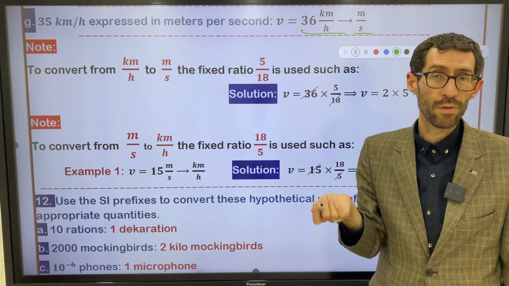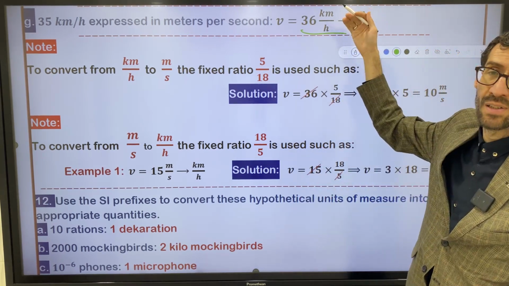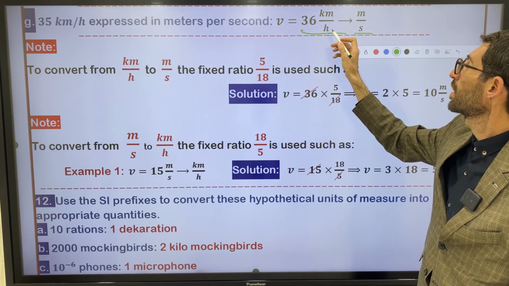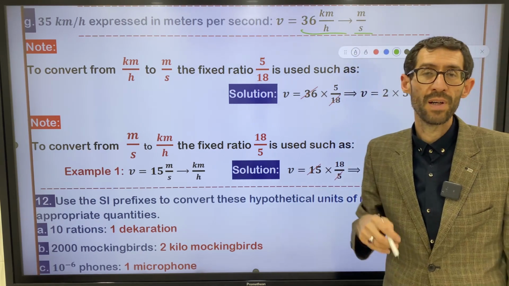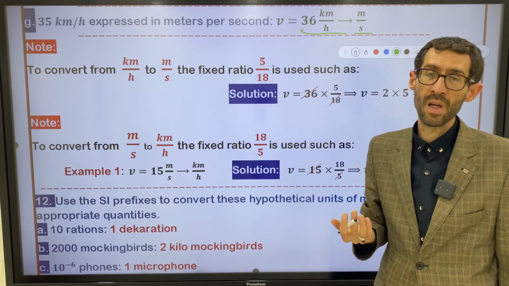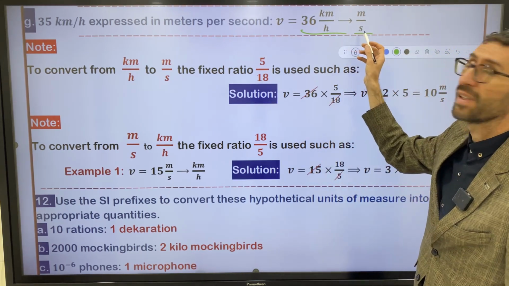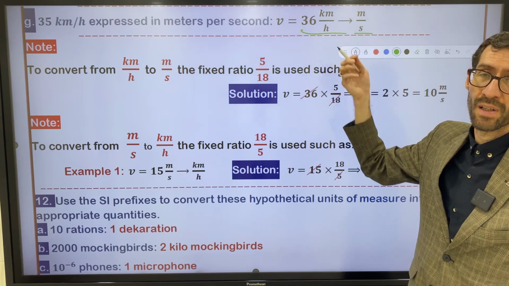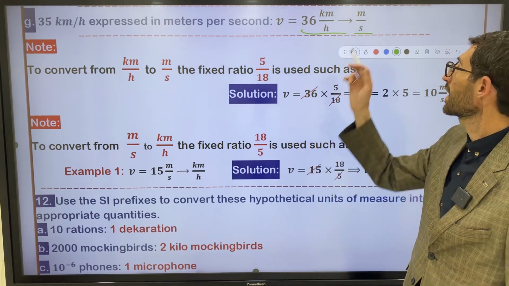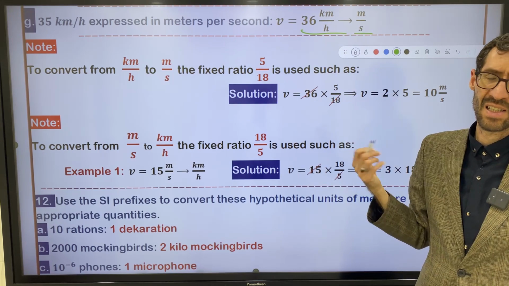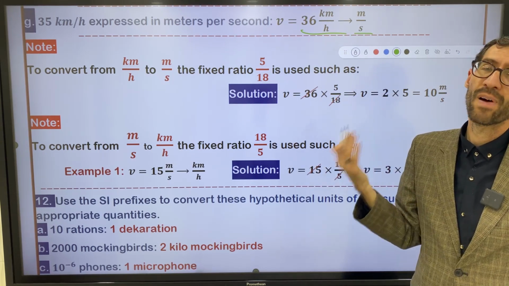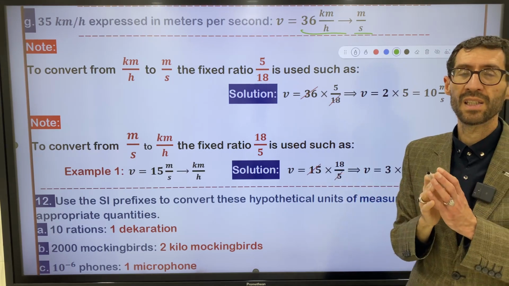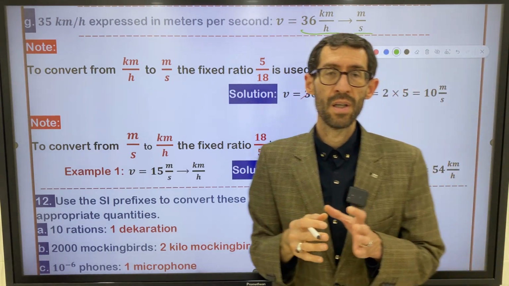Just write the value of kilo in the numerator. In the denominator, you write the value of hour. How many seconds are there in 1 hour? 3,600 seconds. You can write it like this, but I simplified it for you, I just give you the fixed fraction.